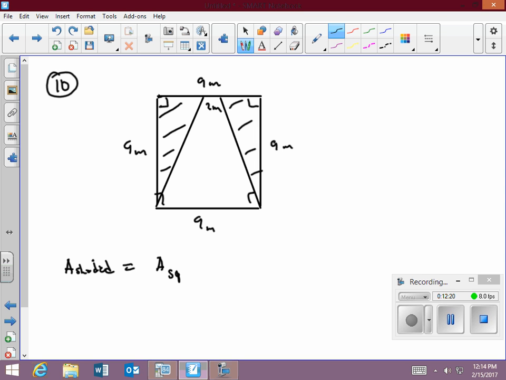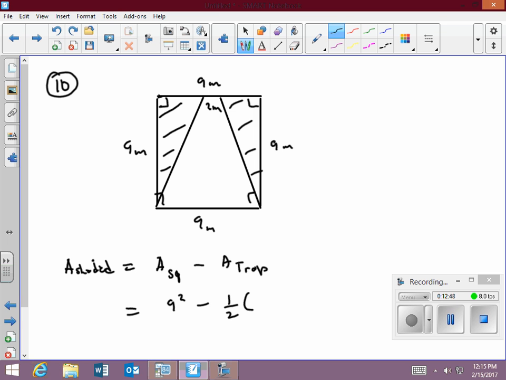Do you see a trapezoid? Anyone see a trapezoid in there? Yeah, there's a trapezoid. So if you subtract out the area of the trapezoid, then you got it. So the area of the square is going to be 9 squared minus, and the trapezoid's area is 1/2.